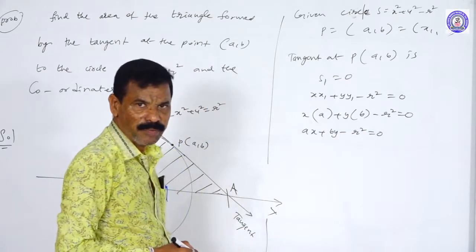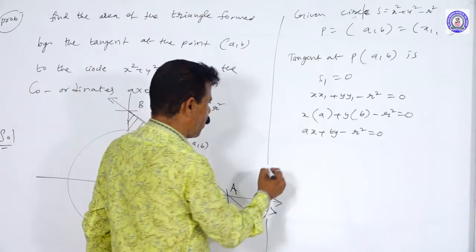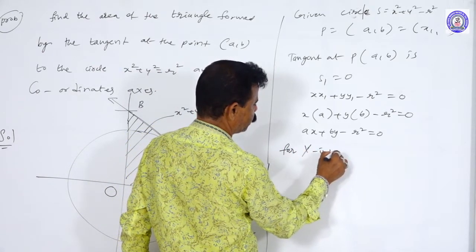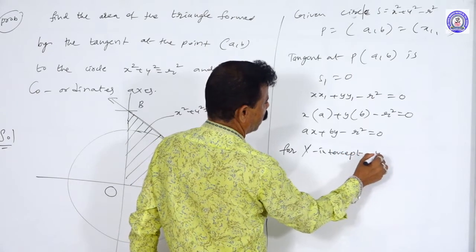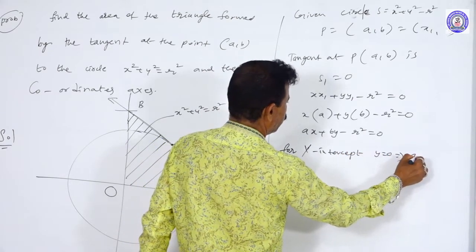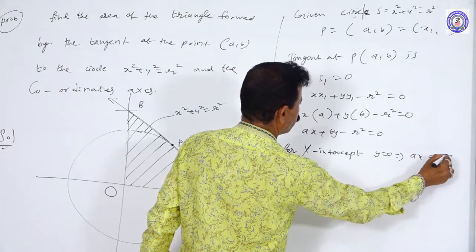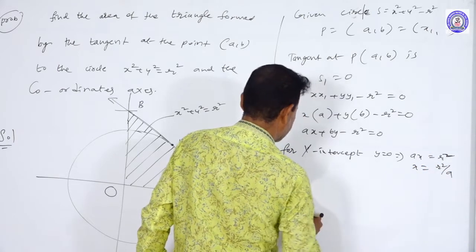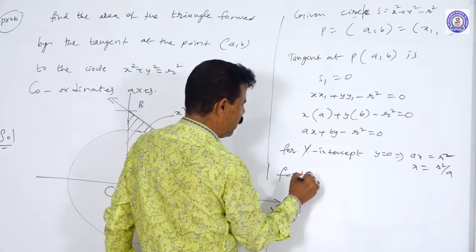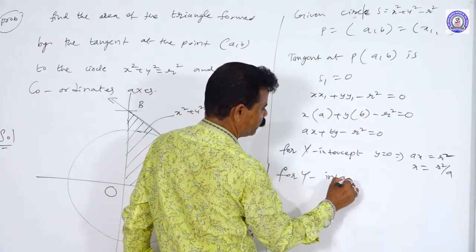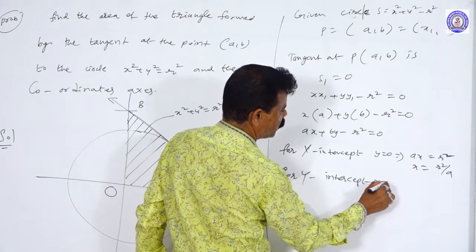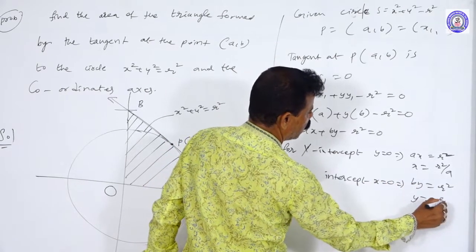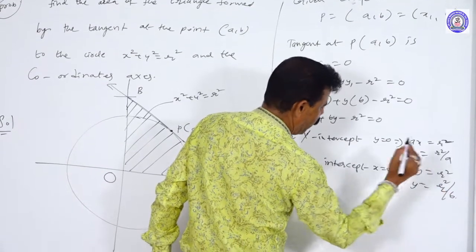For x intercept put y is equal to 0, then ax is equal to r square, x is equal to r square by a. This is the x intercept. For y intercept, x is equal to 0, then by is equal to r square, y is equal to r square by b.